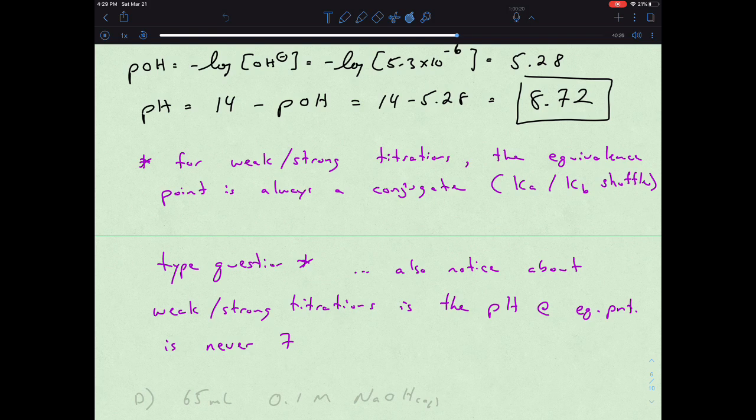So we talked about in the strong titration how the pH is always 7, but in terms of weak, strong titration, that's not the case. The pH is not going to be 7. In this particular case, the pH is slightly basic at 8.72 because at the equivalence point we have basically a conjugate base that is now affecting the pH.